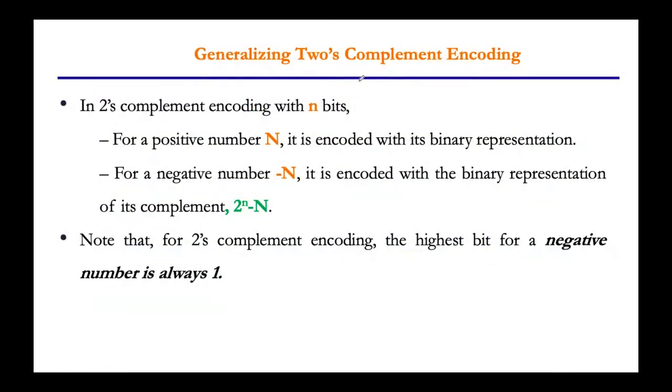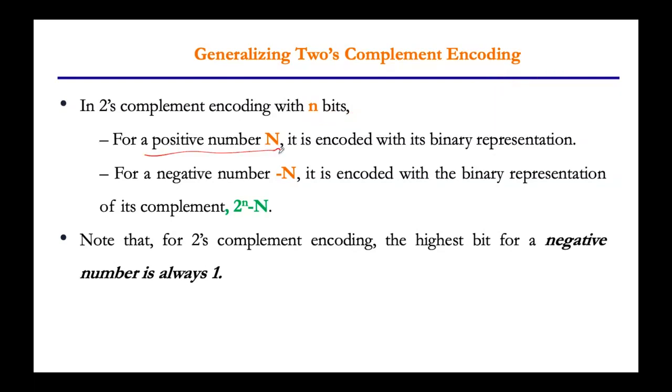So, generalizing two's complement encoding with n bits. This n may be 3 bits, 4 bits, 5 bits, 8 bits, that depends.